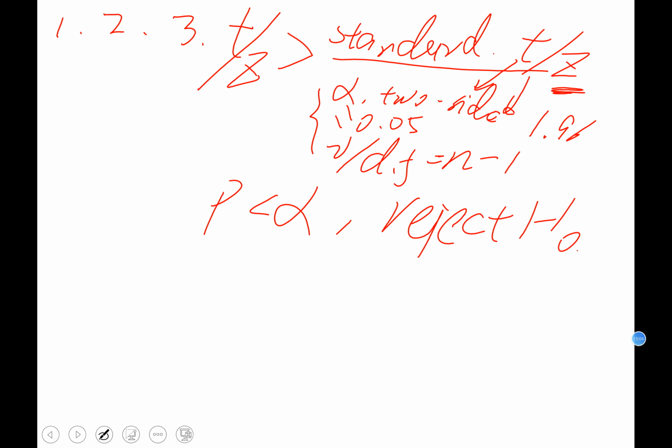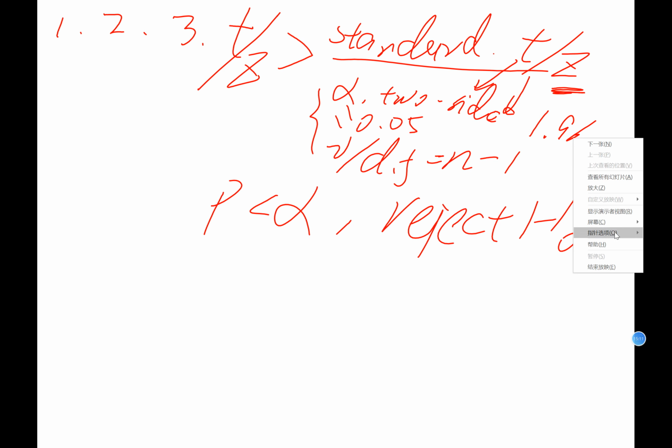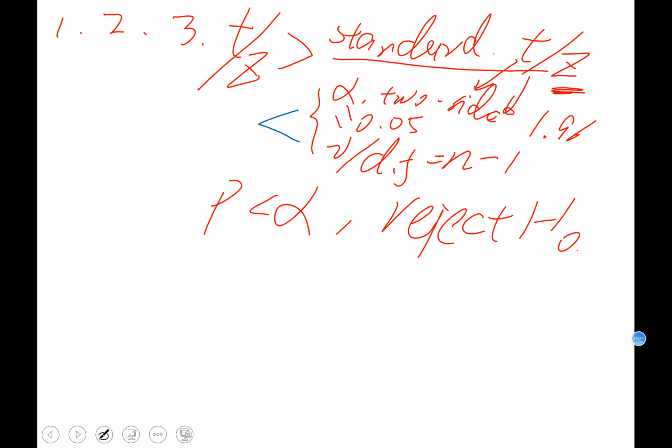But if we find that the t we calculated is less than the standard t or z, that means the test statistic which you calculated in step 2 is less than what you get from the table.